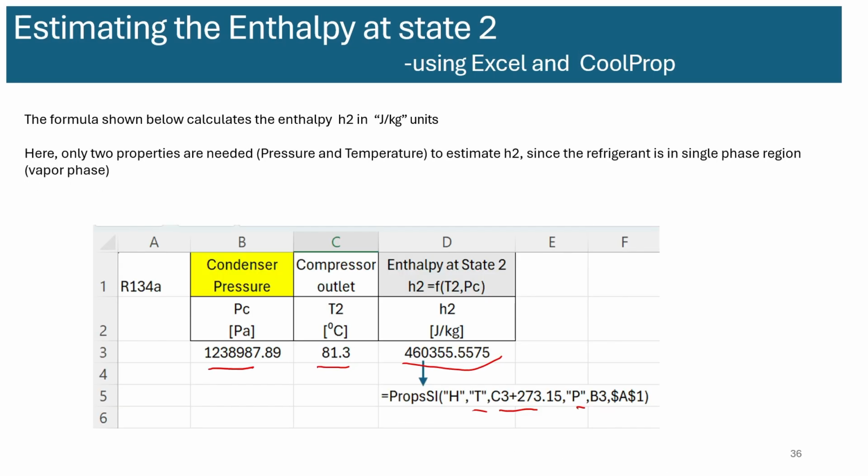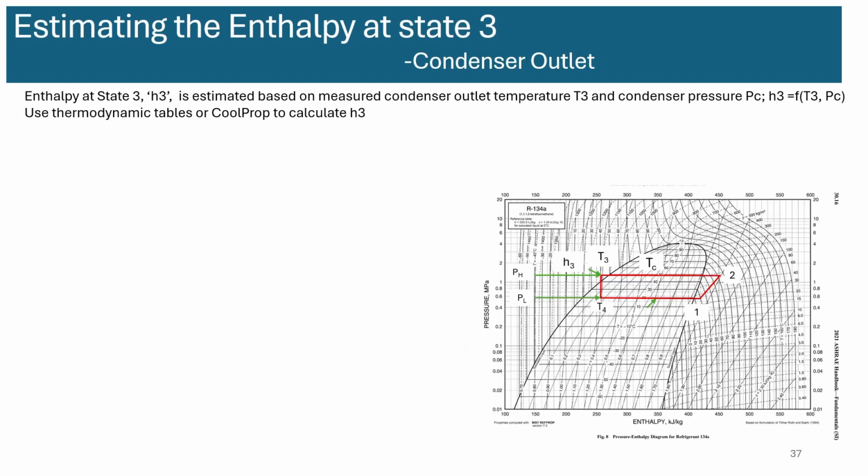All right, so now we know states 1 and 2. We need to know about state 3. Enthalpy at state 3 is estimated based on the temperature at state 3 and the pressure at state 3. The pressure is the same as at state 2, which is the condenser pressure. And the temperature T3 is the measured temperature T3, measured by the lab temperature sensor.